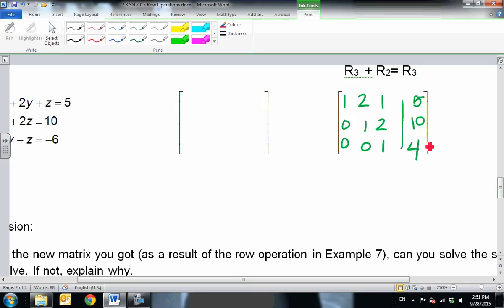See this bottom row right here? Look what we've created. 0x plus 0y plus 1z equals 4. So what does that tell us? Yeah. We know now that z equals 4, which would let us keep going to solve the system?